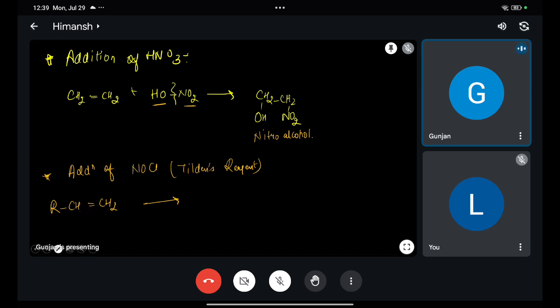When you attack, Tilden's reagent is NOCl. So NO positive, Cl negative, it will produce. According to Markovnikov, we have to attack it. Tell me what will happen when we attack it according to Markovnikov.